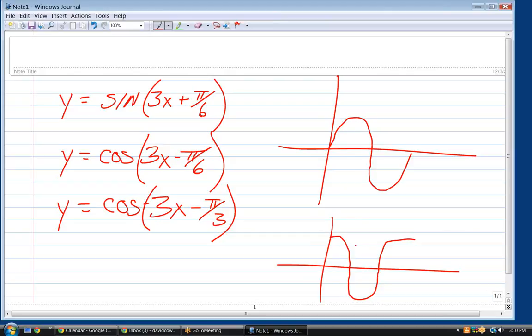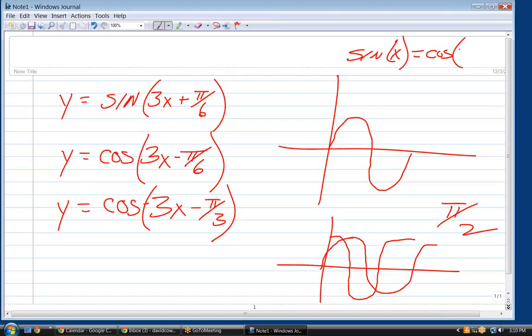So if I were to move the cosine curve to the right by pi over 2, it would look like this. Notice that that's the sine curve. So I can say that the sine of x is equal to the cosine of x minus pi over 2. Always.